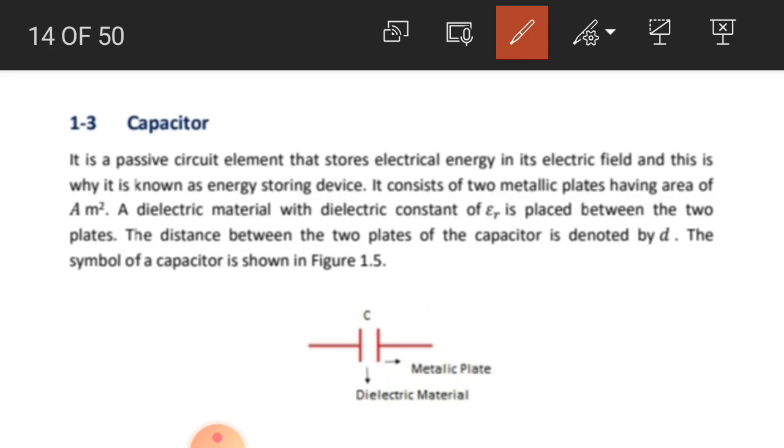How do we make a capacitor? A capacitor consists of two metallic plates.